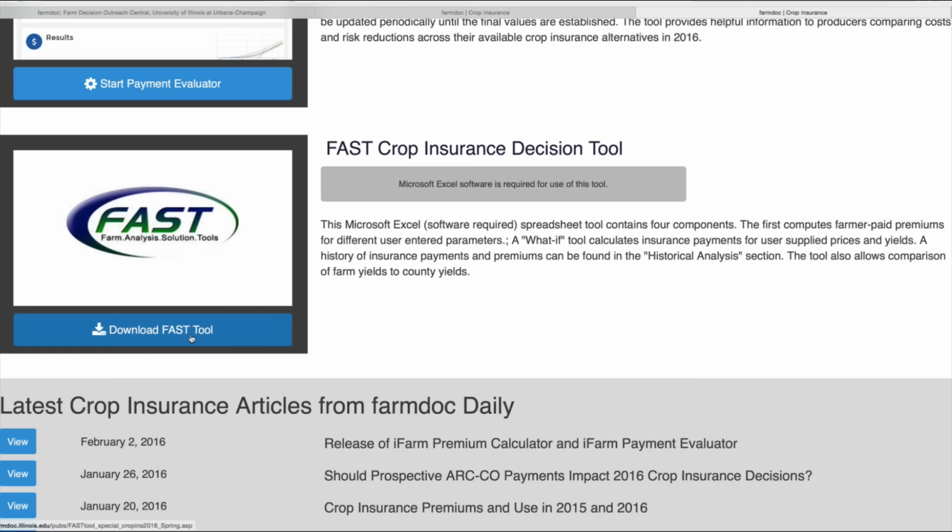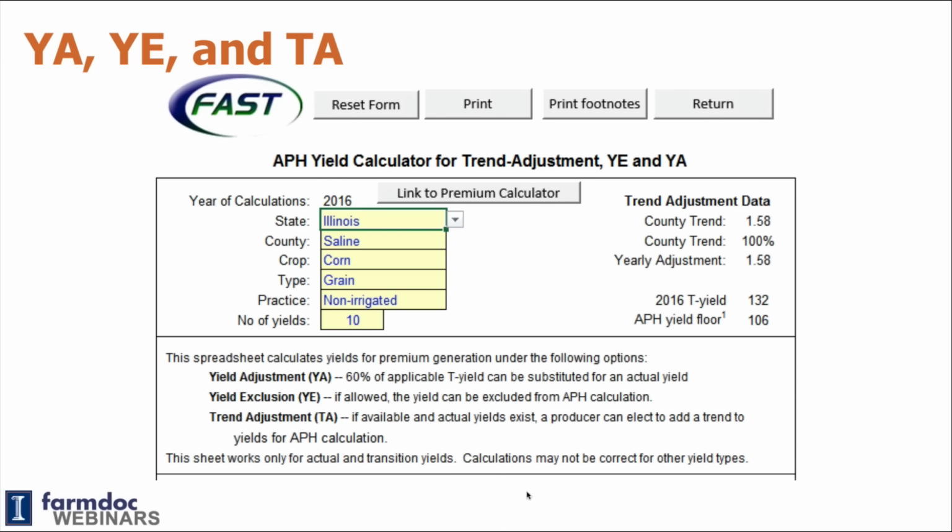You can also download our FAST tool, which is a Microsoft Excel spreadsheet, and you'll actually get the premiums there as well. And in that spreadsheet, we also can look at what YA, YE, and TA do to yields or approved yields used in making calculations.